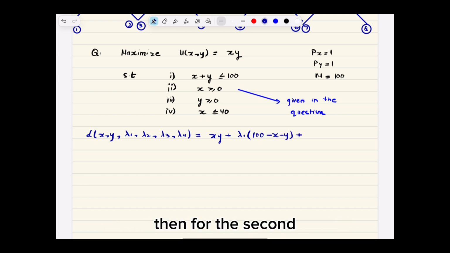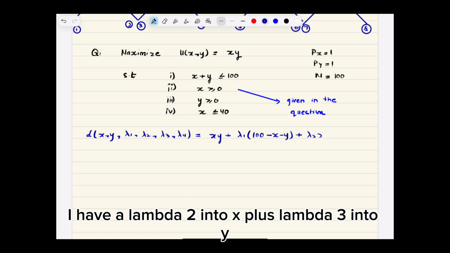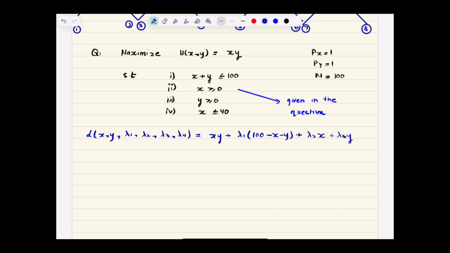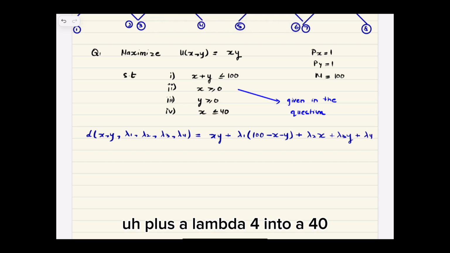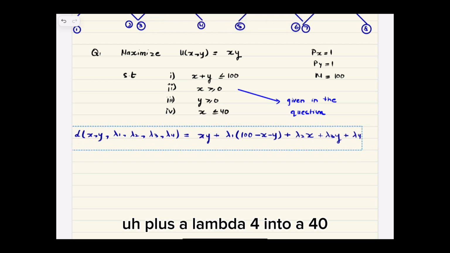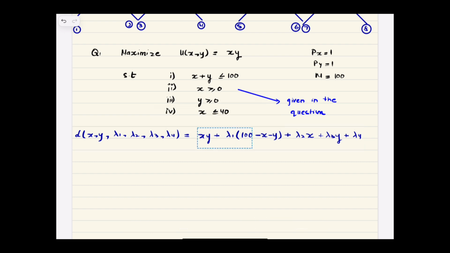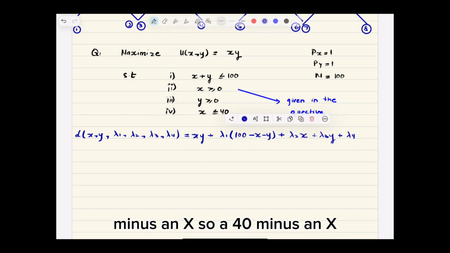Then for the second, I have lambda 2 times x plus lambda 3 times y plus lambda 4 times 40 minus x, so 40 minus x.